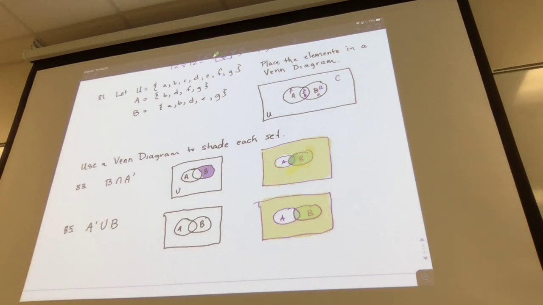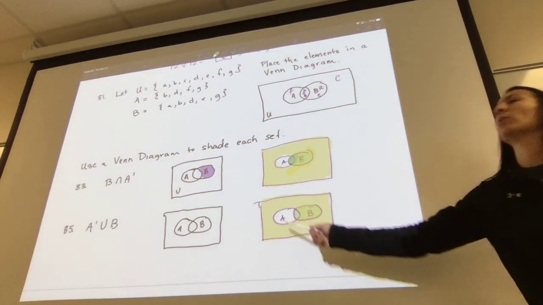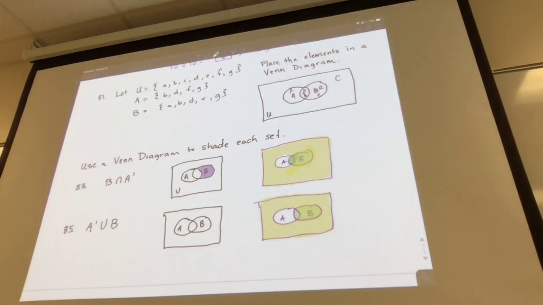So basically it is going to be what my highlighted part is. So this time the answer is everything but this portion. So let me come over here.